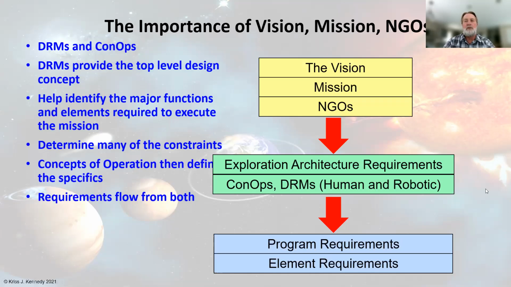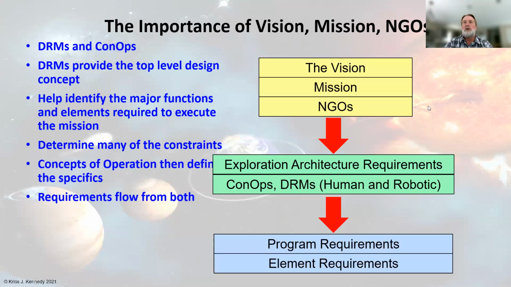DRMs, your design reference missions, are that high level understanding of your mission flow. It helps to identify the major functions, determines many of the constraints, and the concept of operations then defines the specifics. And then you have your requirements flow down.